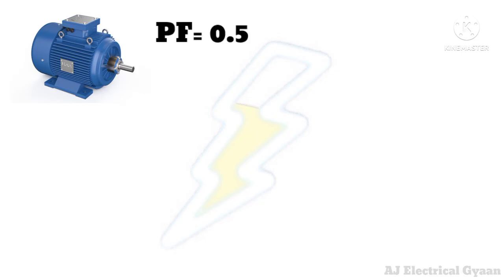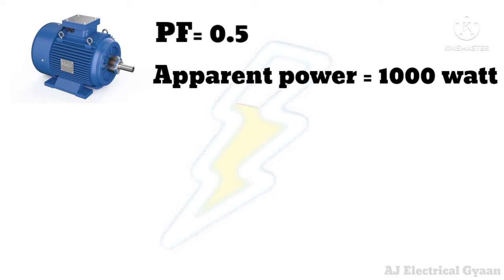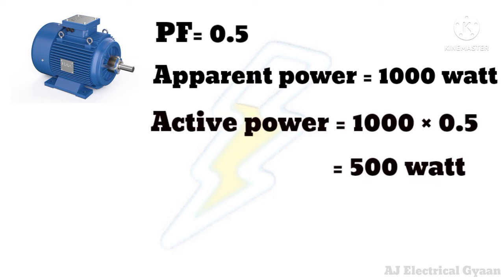For example, if the power factor of the motor is 0.5 and the power demanded by the motor is 1000 watt, then we get active power equal to 500 watt. It means 500 watt out of 1000 watt is used to perform useful work.